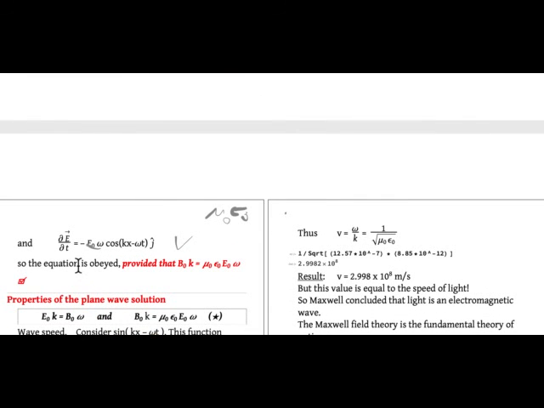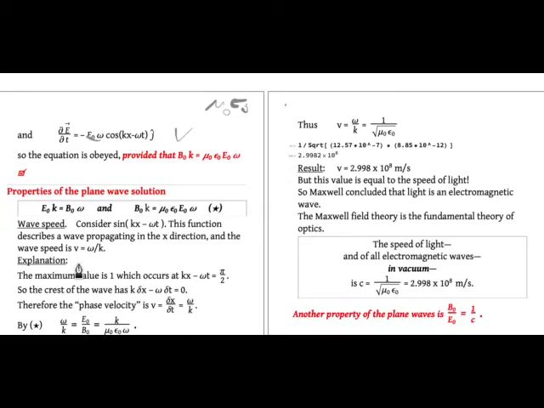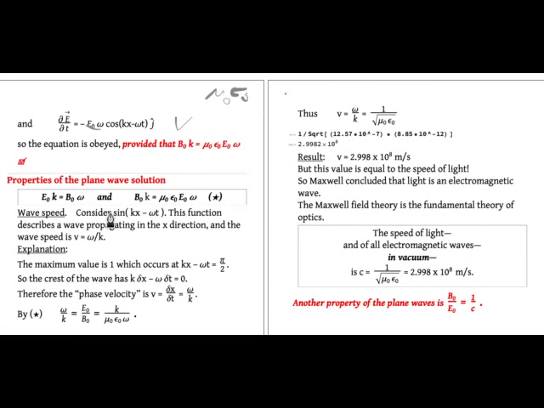So I have to have B naught k is mu 0 epsilon 0 E naught omega. So that fourth Maxwell equation is obeyed, but there's a condition. The parameters B0, E0, k, and omega have to be related in this way.